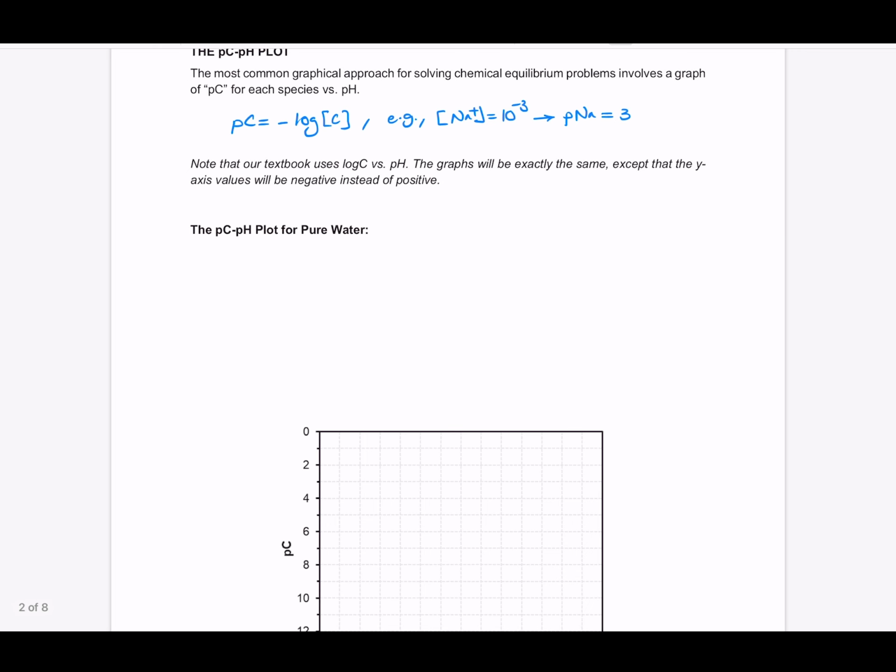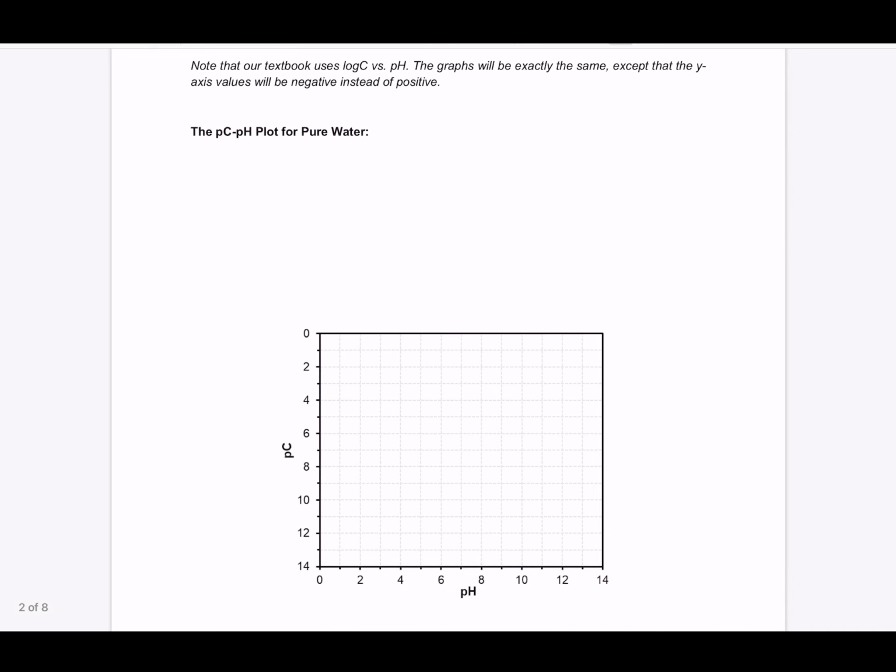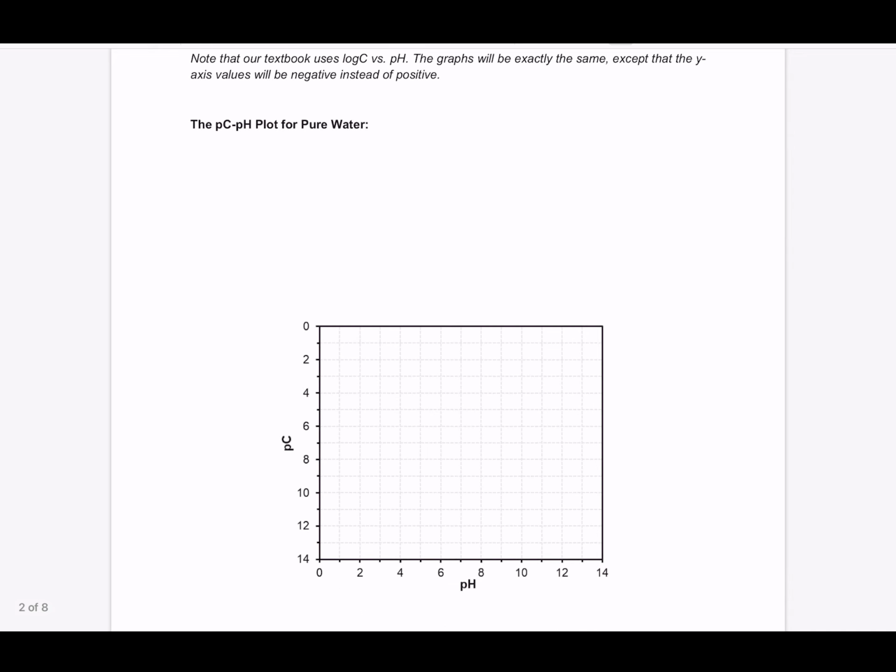As I mentioned, the textbook uses log C, but we're using pC. That means these values in our book are just negative. So the graph you see in the textbook is basically 0, minus 2, minus 4, minus 6, minus 8, and so on.